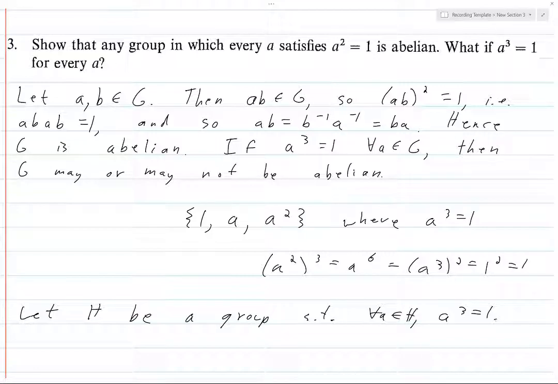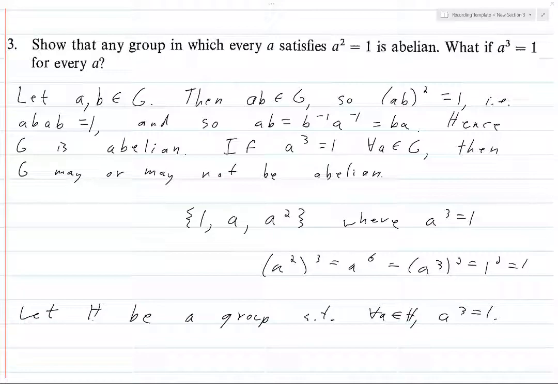So we either need to prove that H is necessarily abelian from this property, or we would need to come up with an example of a group H which is not commutative. And that's what you have to do for this problem. You have to find an example of a group such that A cubed equals 1 for all of its elements, but which is not abelian.